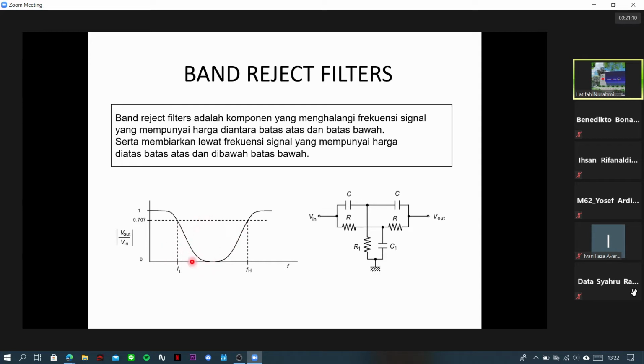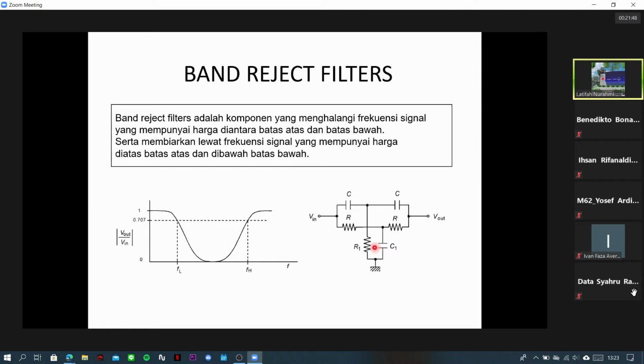We want to remove the inner parts, and we take only the lower frequency and the higher frequency signals. And the electrical components are quite a different combination. The band filter is simply a combination of both low and high pass filters, but the band reject filter is quite totally different.